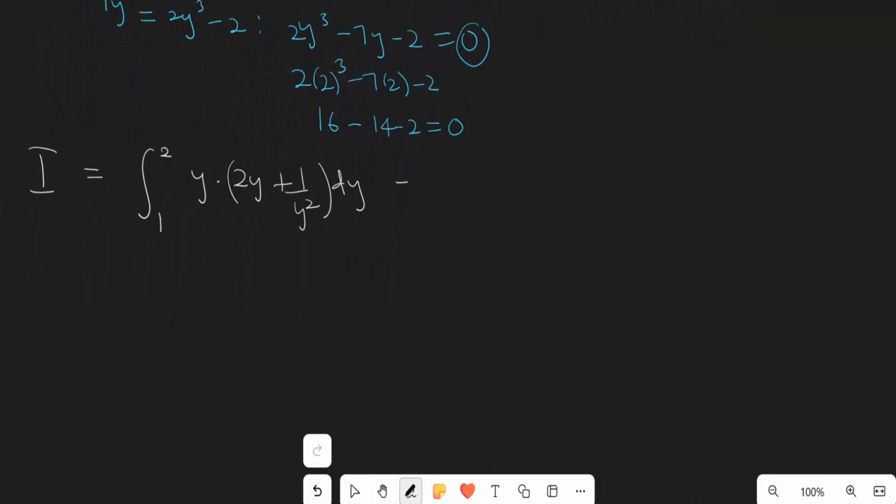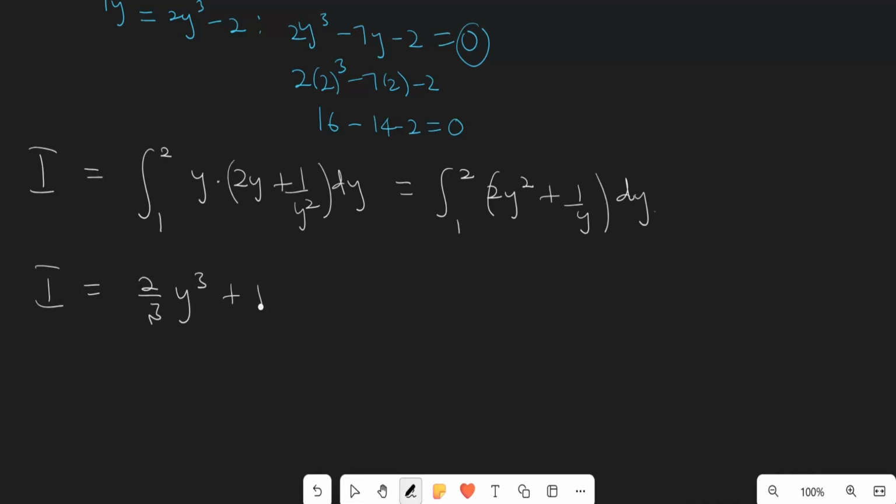So this is the integral from 1 to 2 of 2y squared plus 1 over y, that is multiplying in with y, dy. So we are now integrating, this is 2 over 3 y to the third plus the ln of y, from 1 to 2.